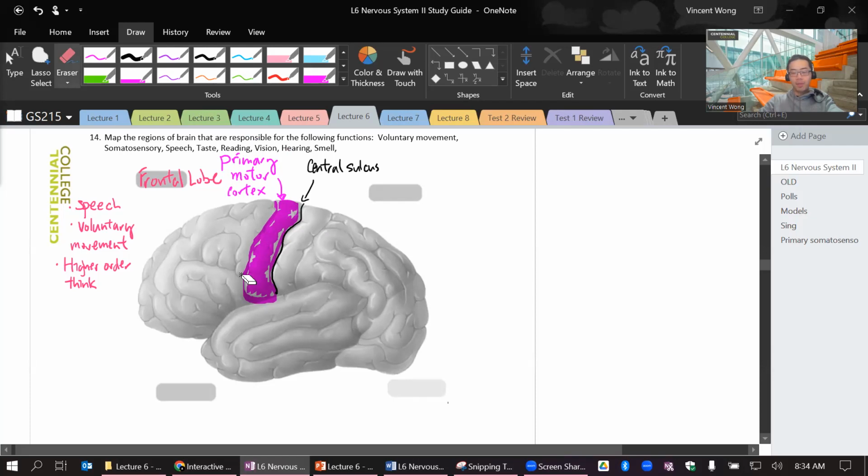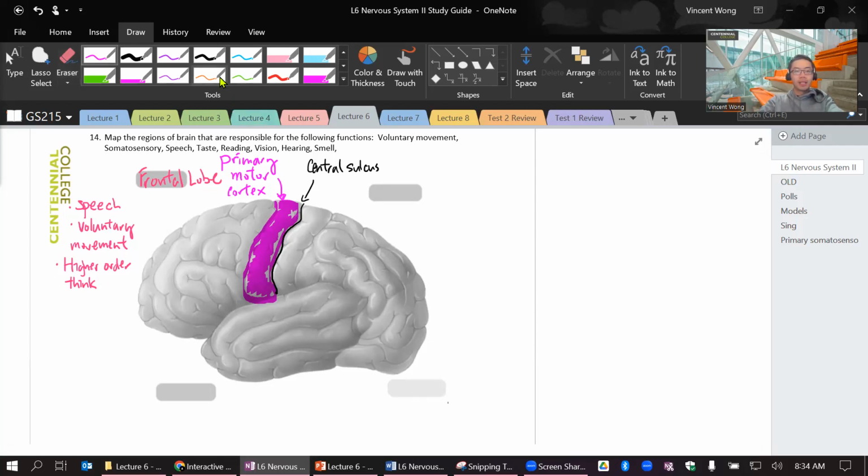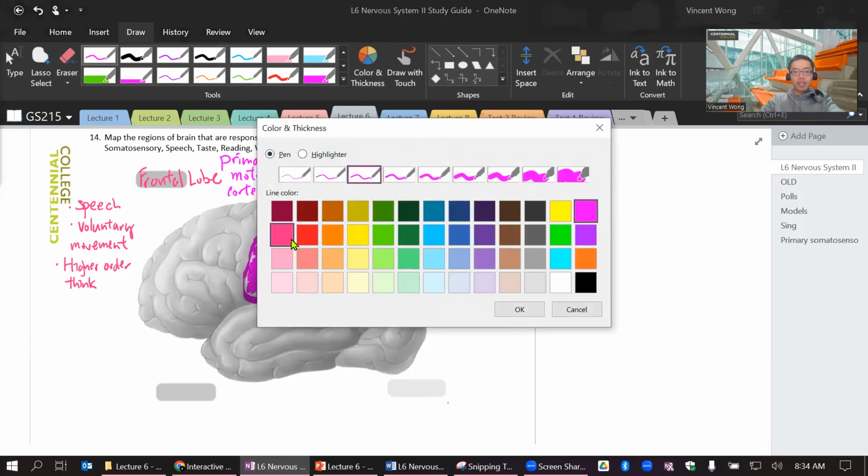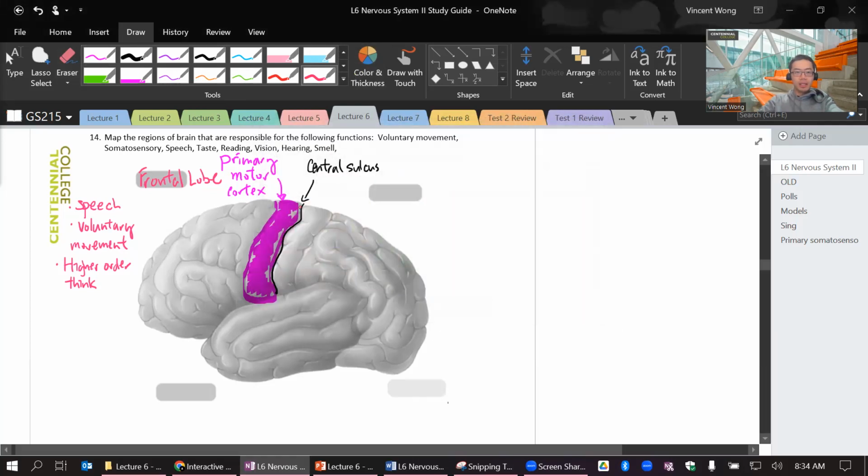And it is mapped to different regions of the body. You have the torso up here, the leg on the medial side, inside the longitudinal fissure, and your face here and your hand here. You don't have to memorize the exact location. I'm just refreshing your memory. So this is located, of course, in the frontal lobe, right here.